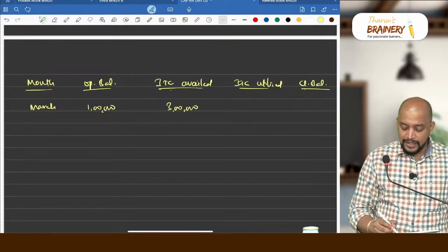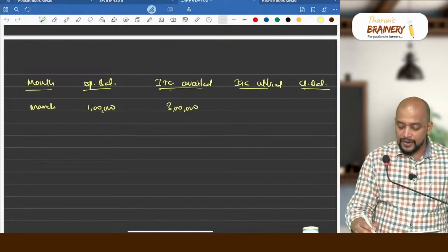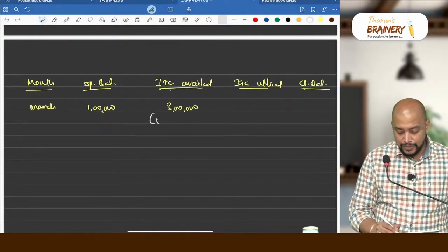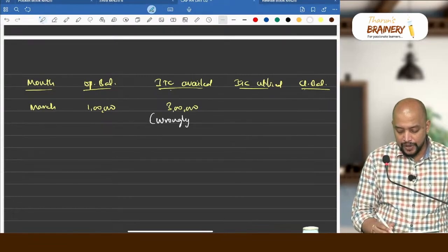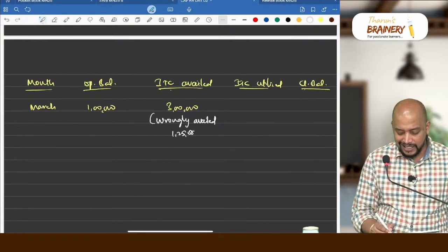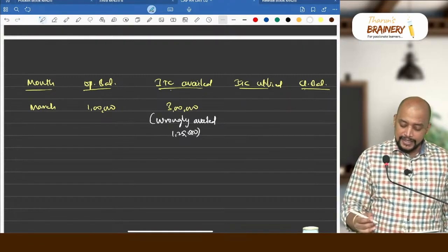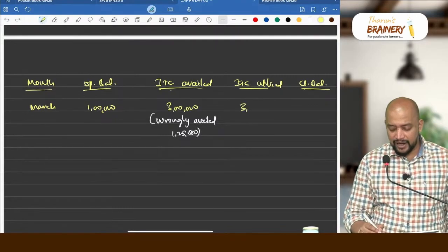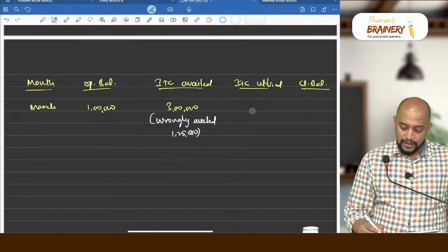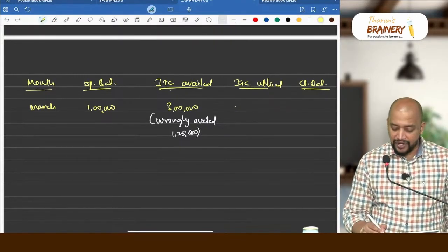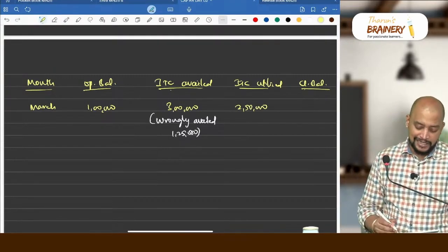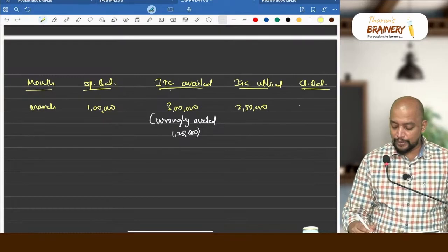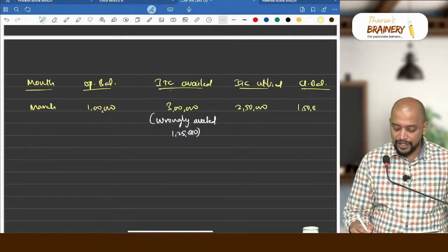In this 3 lakhs, we have wrongly availed 1,25,000 as ITC. Then ITC utilized is somewhere like 2,50,000. So what is the closing balance? 3 plus 1 is 4, 4 minus 2.5, that is 1,50,000.